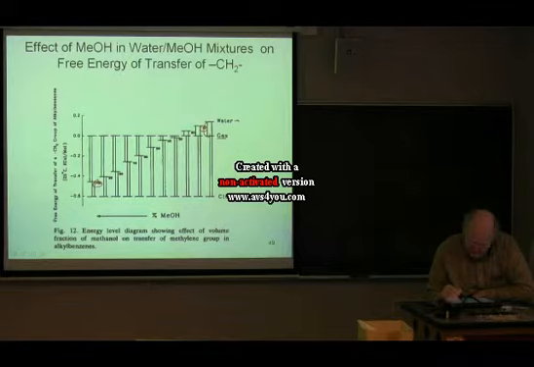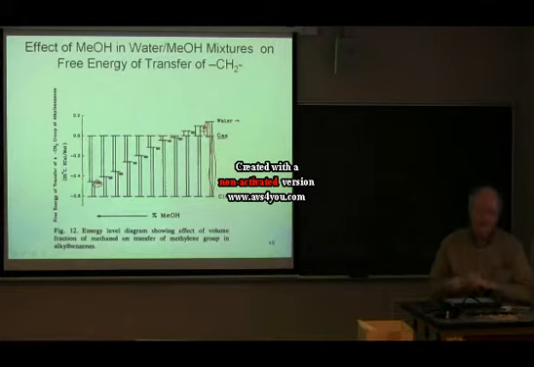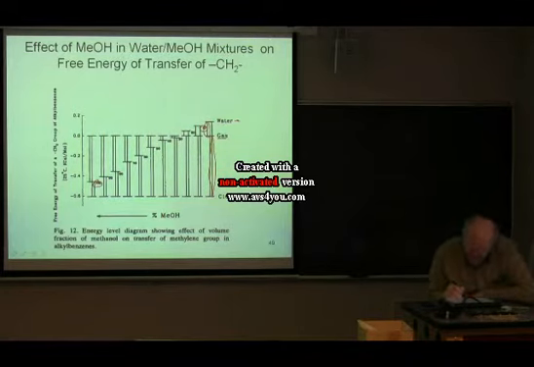There's the water to gas phase contribution. Here's the gas phase to hexadecane contribution. As we add methanol to the water, this moves down, down, down. It crosses over somewhere between 20 and 30%. And we wind up at 100% methanol.